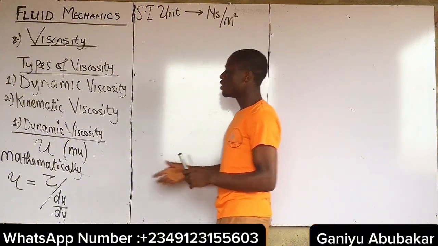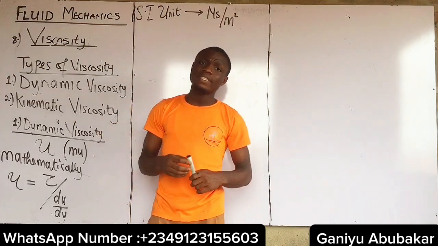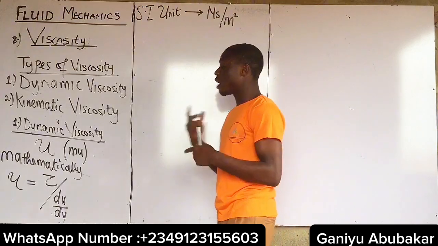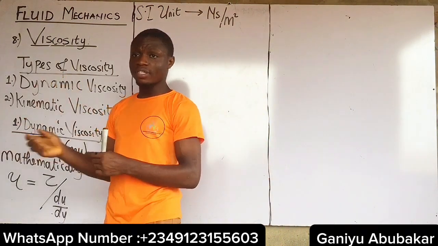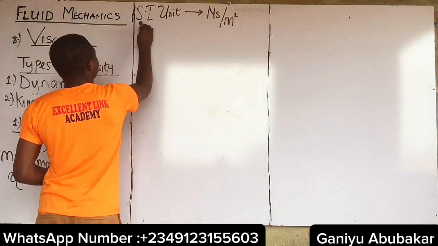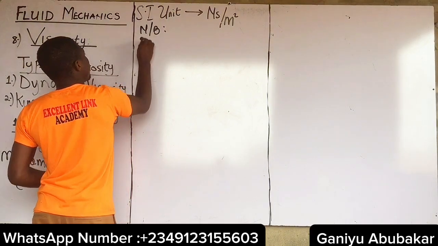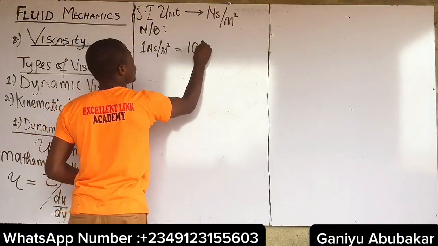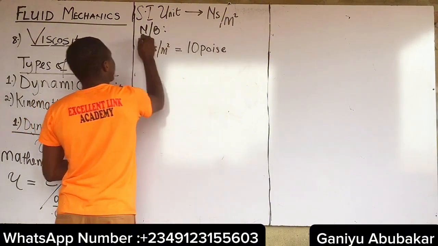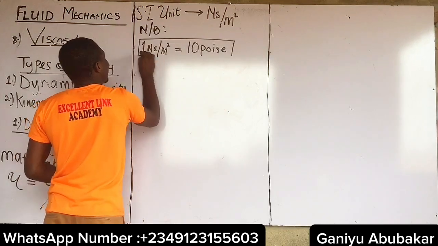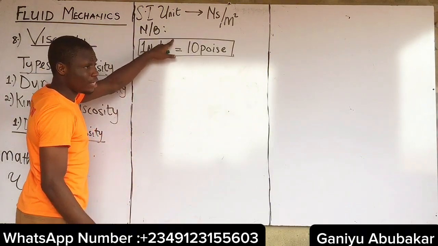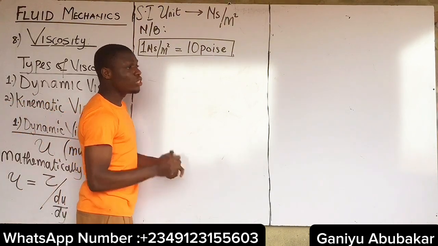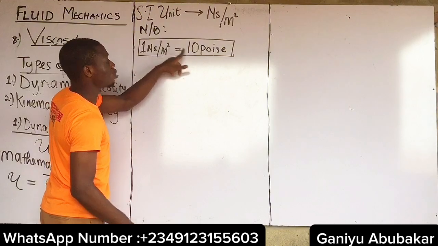That's the concept behind dynamic viscosity. Note that aside from Newton seconds per meter squared, dynamic viscosity can be measured in terms of poise. Very important: 1 Newton second per meter squared is equal to 10 poise.